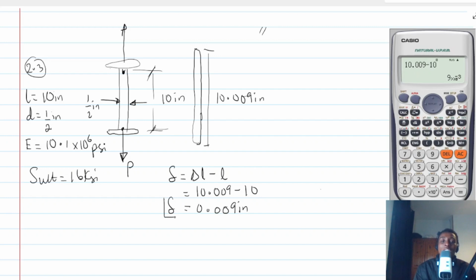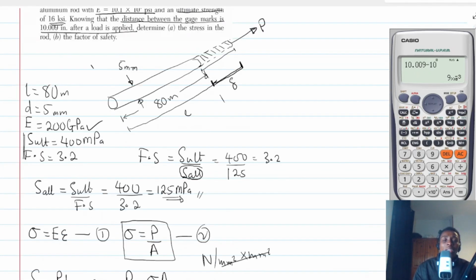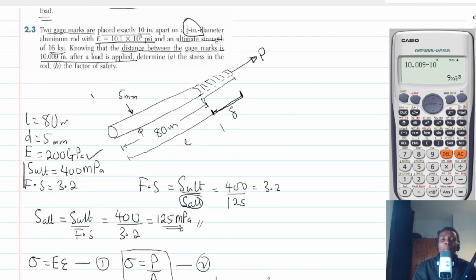This is the extension after we apply the load inside the machine. Now the question says we should determine the stress in the rod, number one, and then also the factor of safety.